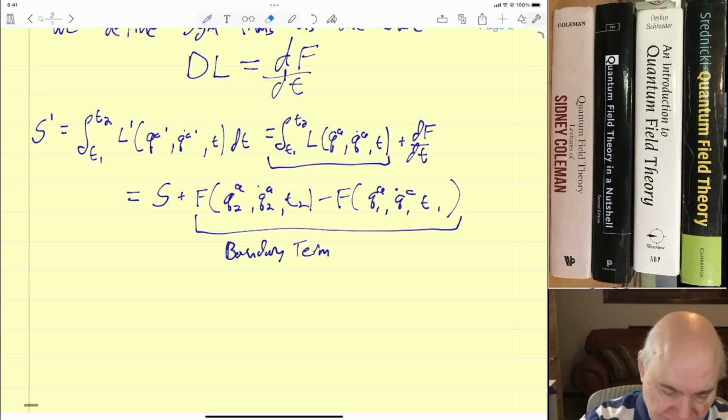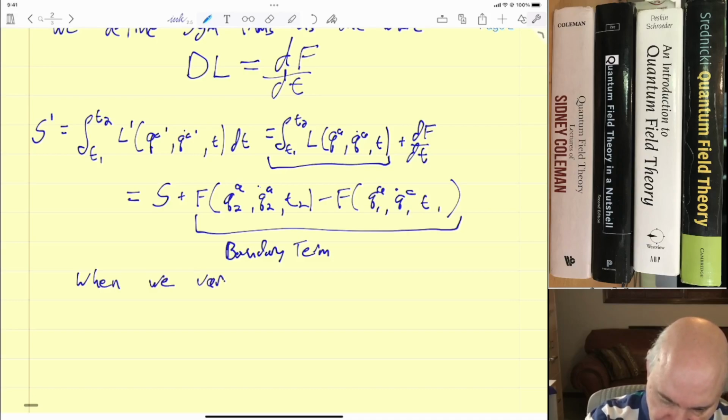When we apply the variations in the action, when we vary coordinates, we require delta QA equals 0 at the boundary.